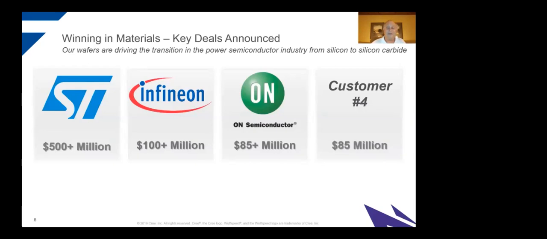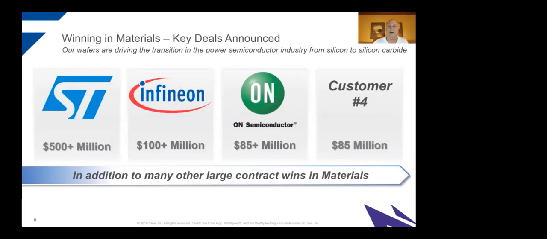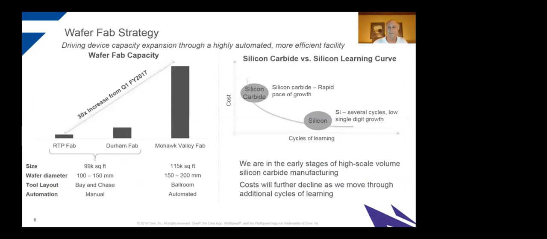In fact, between these publicly announced and other long-term agreements, we now have about a $1 billion backlog in contract wins through these multi-year supply agreements. All of these companies are going after both the automotive and industrial markets, and they're trying to secure their supply now so they can have confidence as they go into these markets that they can supply the material.